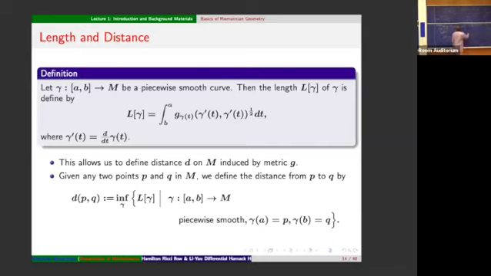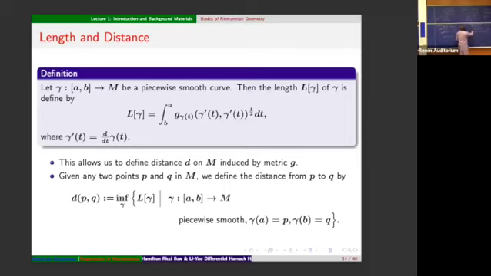You can also see that it is symmetric: you can flip from P to Q, and come back from Q to P. And you can also see the equivalent of the triangle inequality, that d(P,Q) is less than or equal to d(P,R) plus d(R,Q).